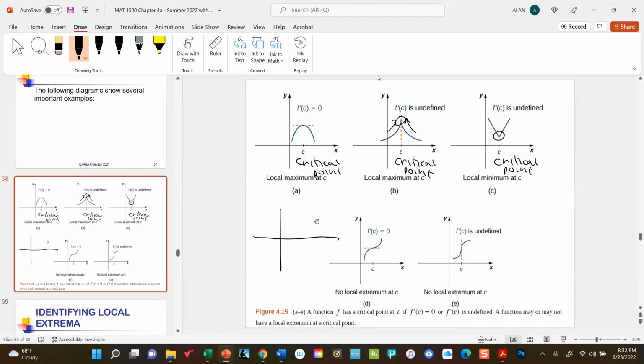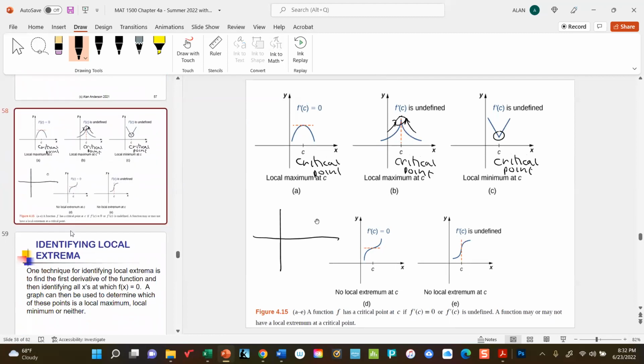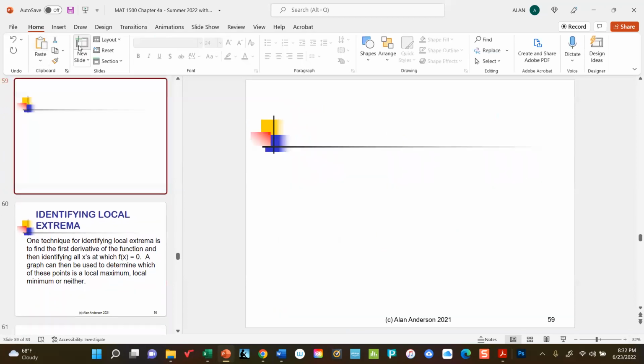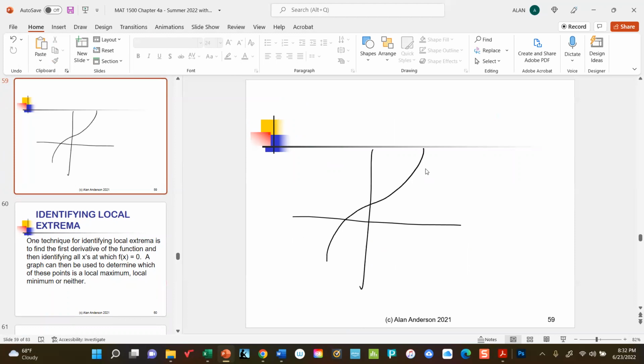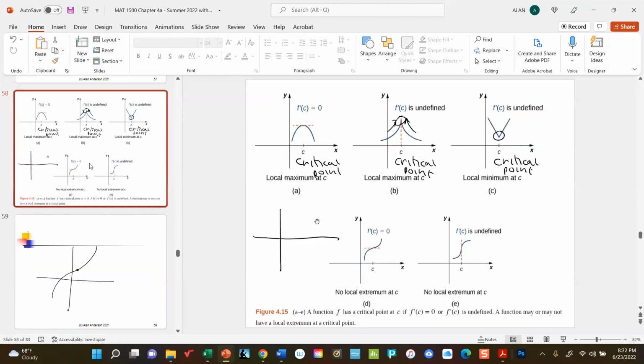Now down here, though, here's an interesting graph. Now it's kind of small. It's kind of hard to see it. Let me see if I can draw it a little bigger. There's a point in here somewhere where, let me see.